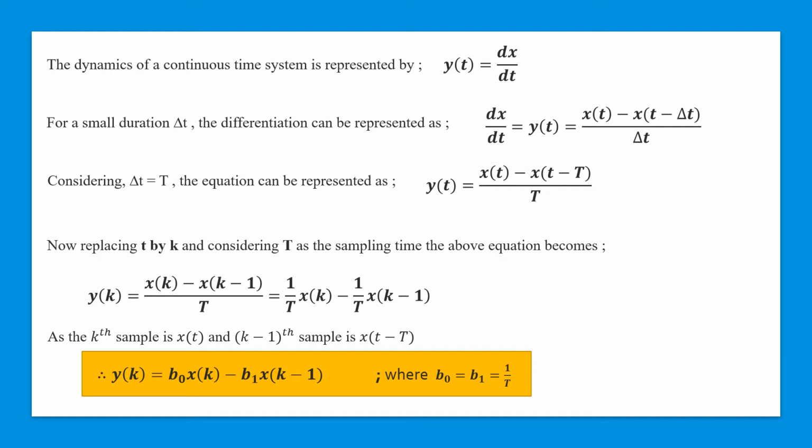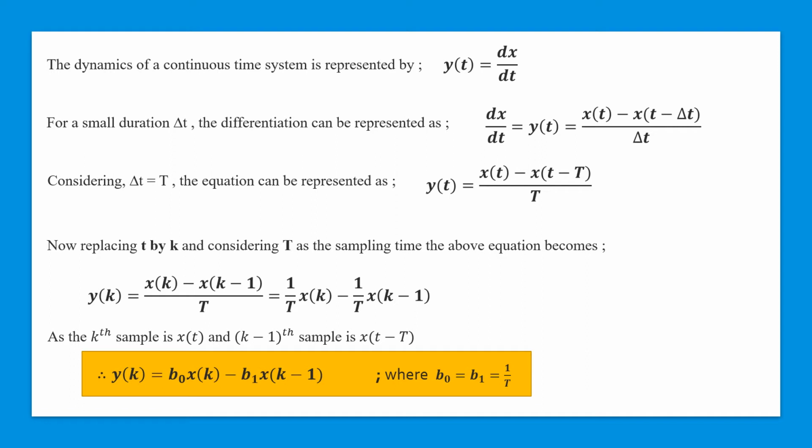Now if we replace the time t by k, and consider that T is the sampling time, the above equation becomes y(k) = (x(k) minus x(k minus 1)) divided by T, and we can write that as (1/T) x(k) minus (1/T) x(k minus 1).